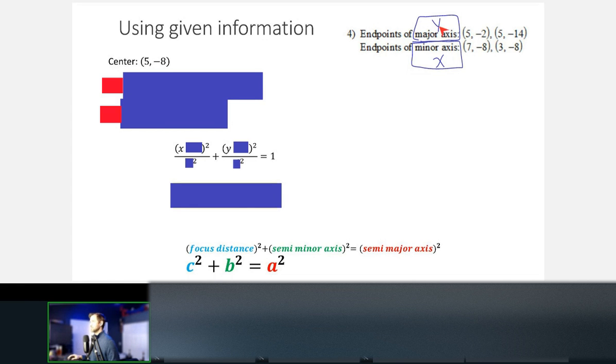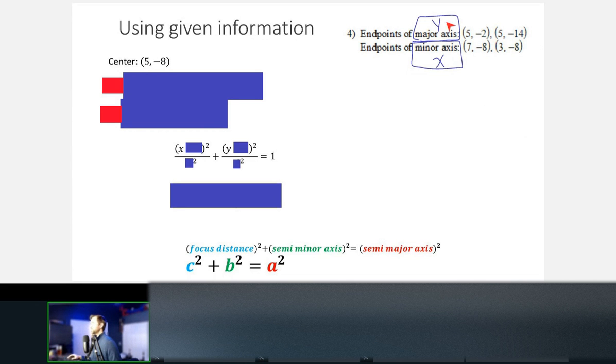So that is the y direction. And then for the minor axis, between these 2 points, the y value stays the same. It's the x value, so we're going left and right between those 2 points. So that tells us the minor is the x. Does that make sense? Looking at it like that?